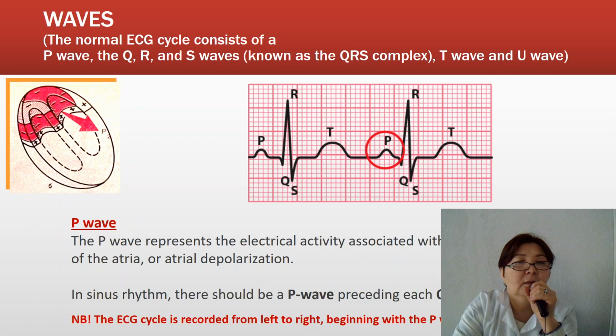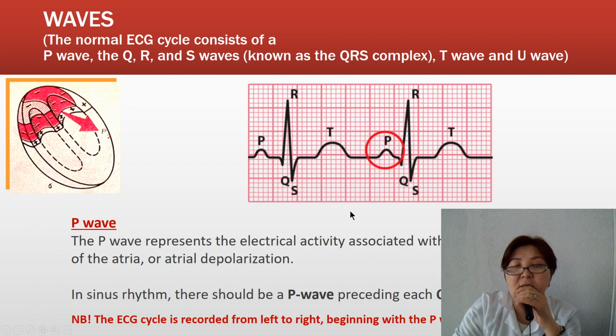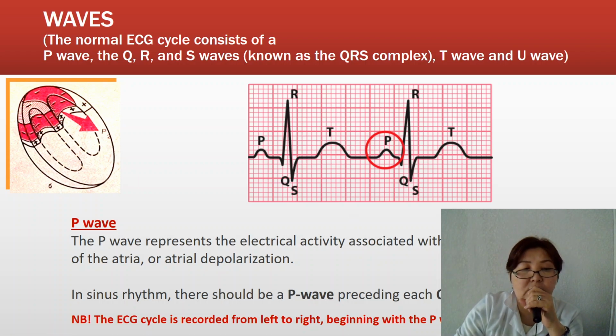Waves. The P wave characterized. These are P waves. The P wave represents the electrical activity associated with the contraction of the atria, or atrial depolarization.